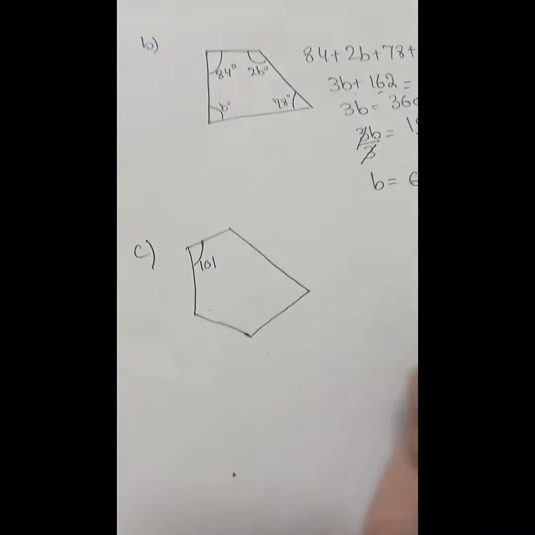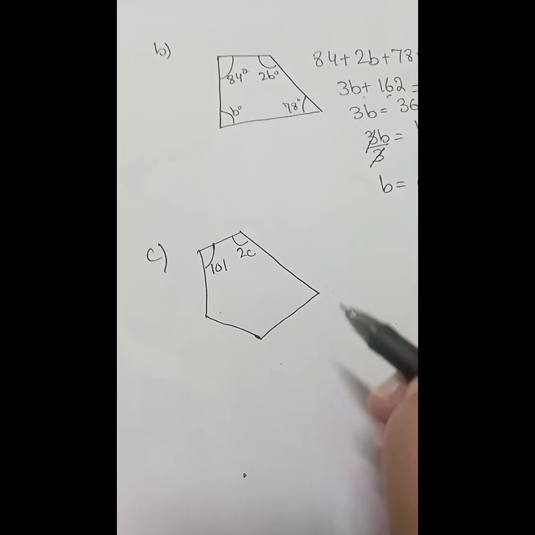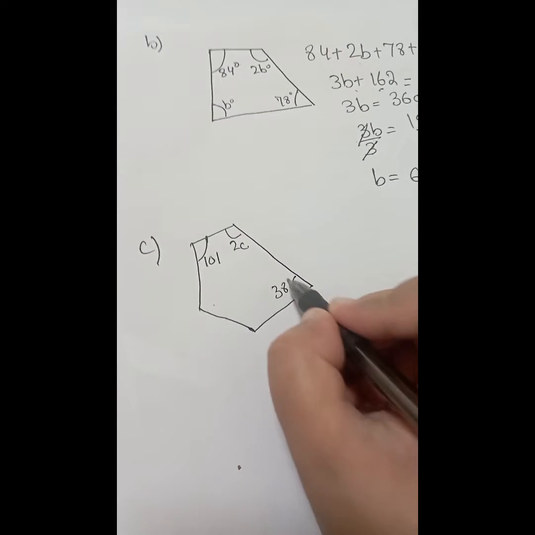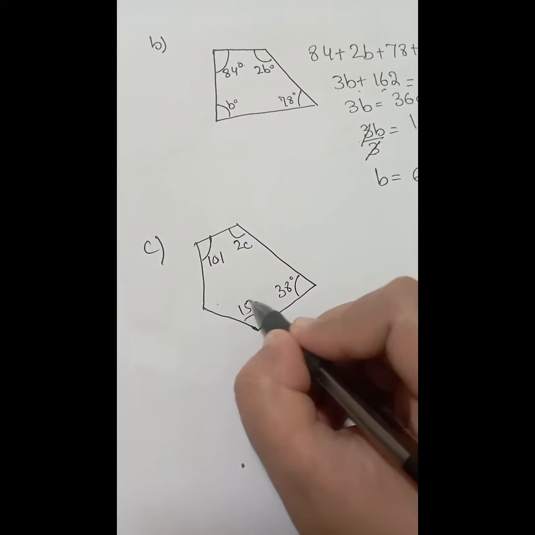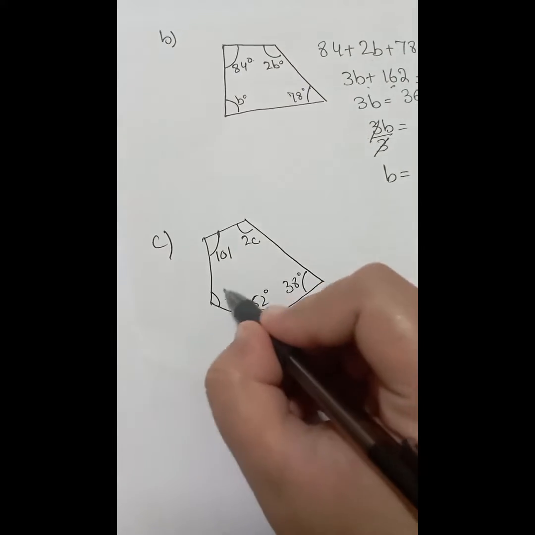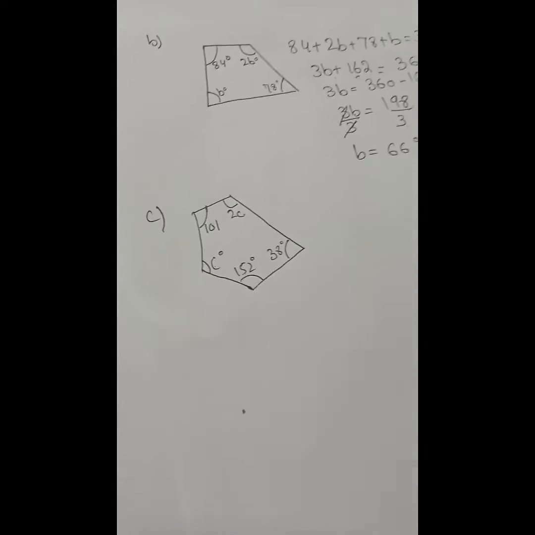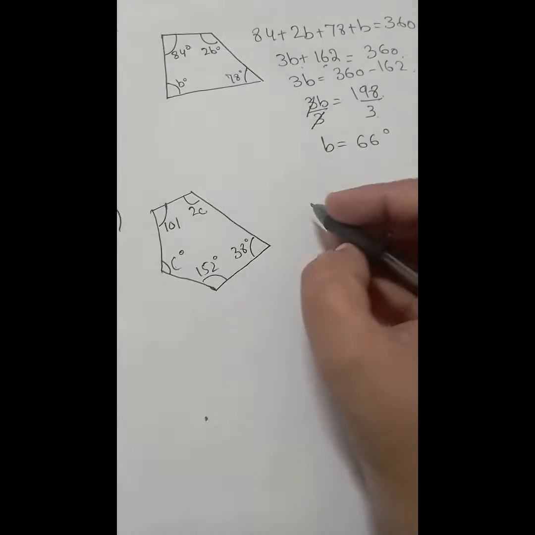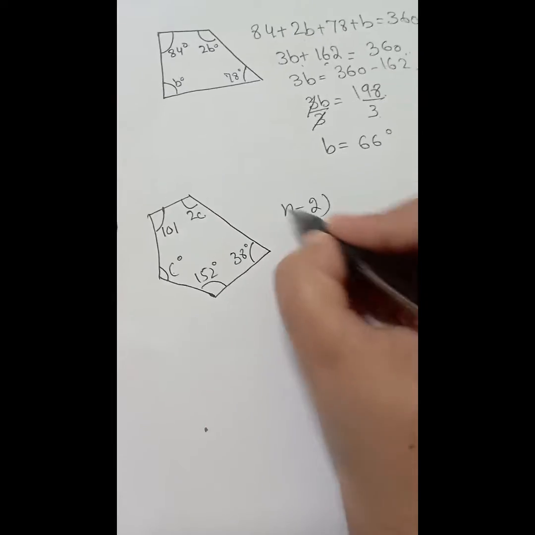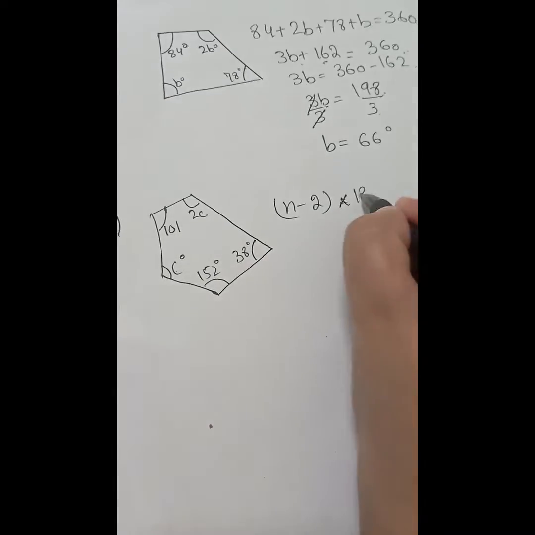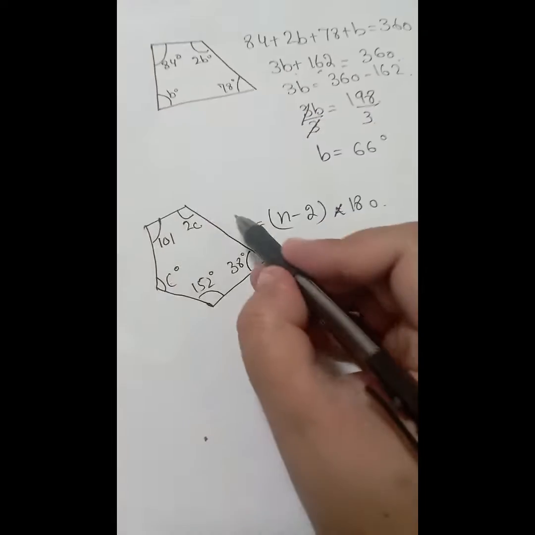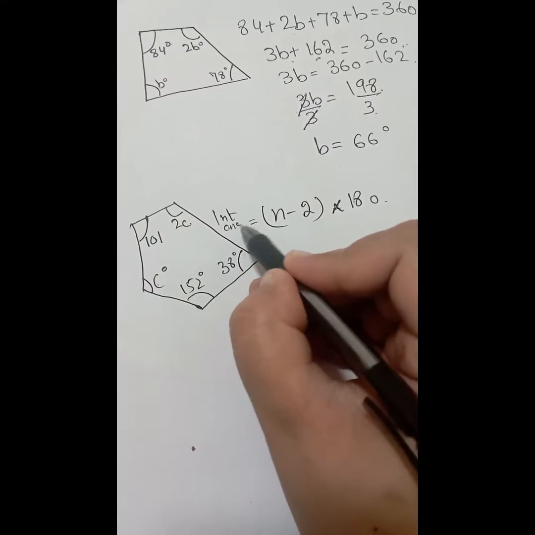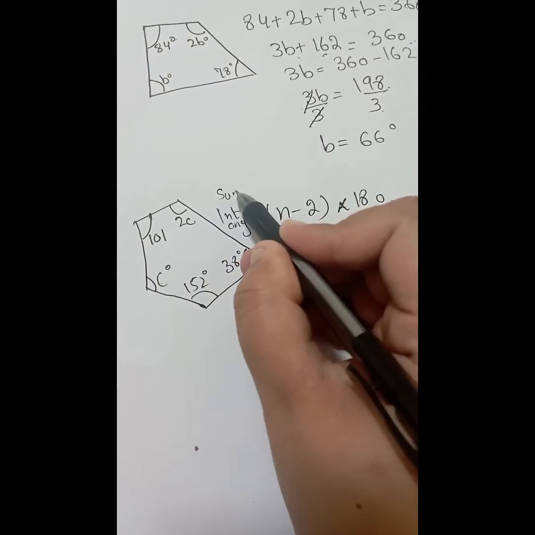This is 101 degrees, this is 2C, this is 38, then this is 152, and this is C. Now we again use the same formula to calculate the sum of the interior angles of the 5-sided polygon, which is n minus 2 times 180.